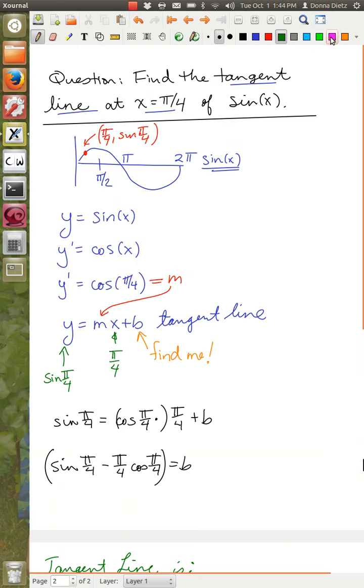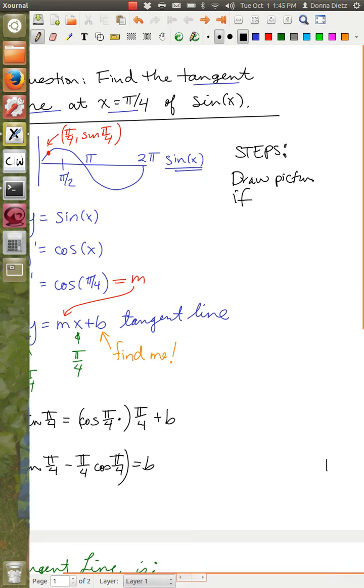So let's review the steps here. Steps: draw a picture if easy, because if it's not easy, then you might be wasting your time. Then you need to find a point on the curve.